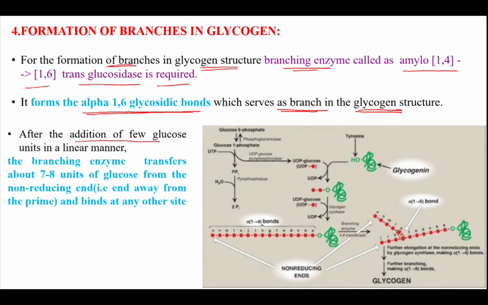After the addition of a few glucose units in a linear manner, this branching enzyme will transfer about 7 to 8 units of glucose from the non-reducing end, which is the end away from the primer, and attach them at another site by alpha 1,6 glycosidic linkage.